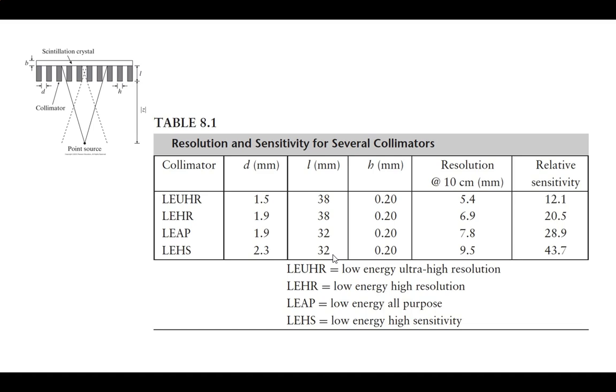The thicker it is, the more likely the photon gets captured, generates light, goes out. The problem is the thicker it is, the more likely that photon gets absorbed inside that high Z material, and the photon doesn't get out. So now you've got a trade-off. I want it really thin to be able to detect it, and I want it really thick to be able to capture it. So now you're stuck with a trade-off.